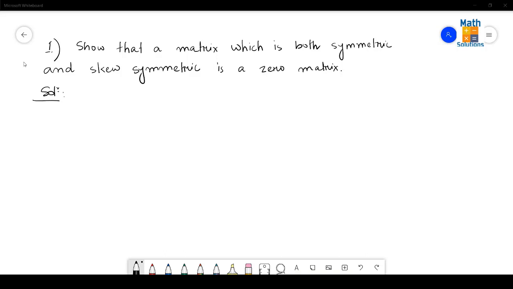The first question is, show that a matrix which is both symmetric and skew symmetric is a zero matrix. And for that, we have to make an assumption.